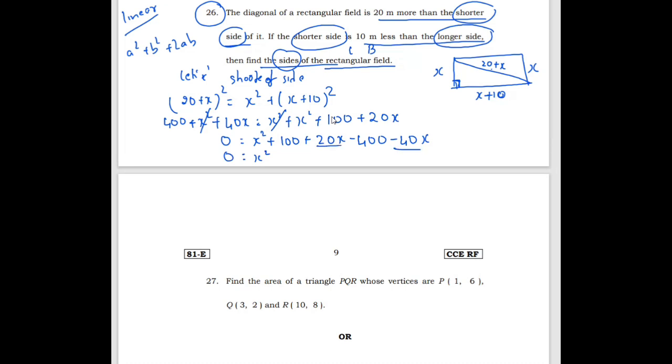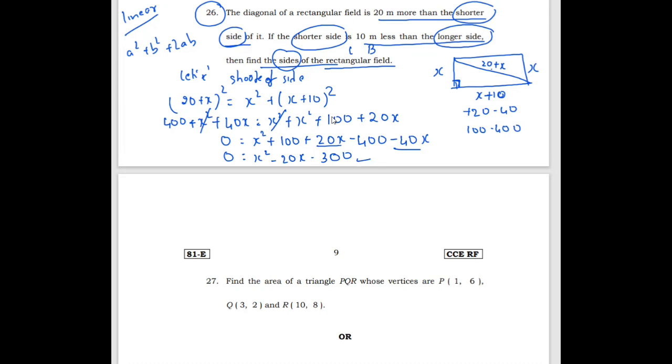I'll keep it in standard form. After x square, I'll put x. So 20 minus 40. Be very careful. 20 minus 40. So opposite sign, subtract, and the greater number's sign is minus. So minus 20x, plus 100 minus 400. What is the answer? Minus 300. Okay. So this is the final equation.